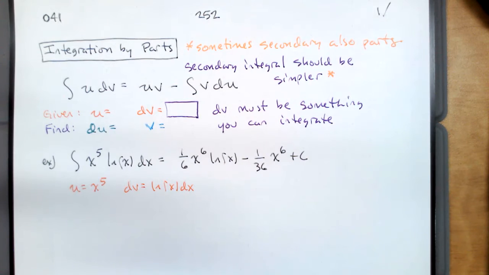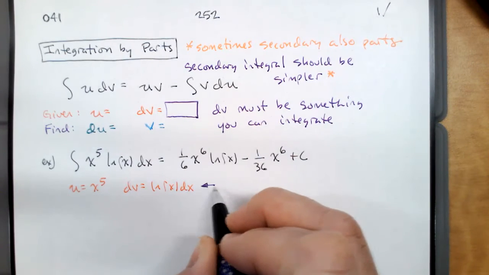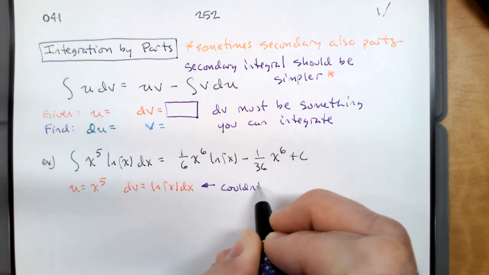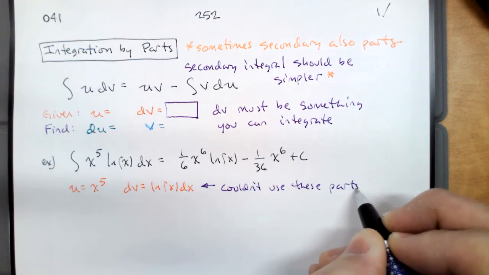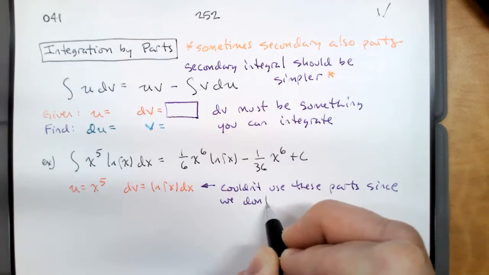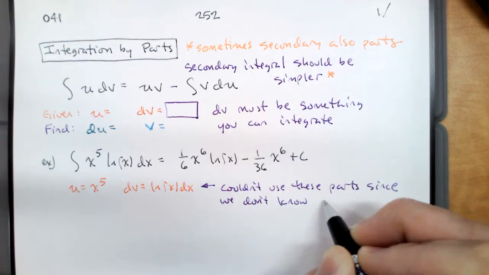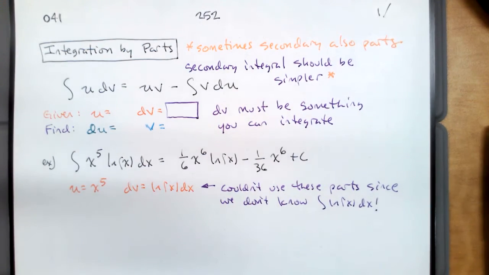We couldn't use these parts. At the time, we had to go back and try something else because we did not know the antiderivative of natural log of x.